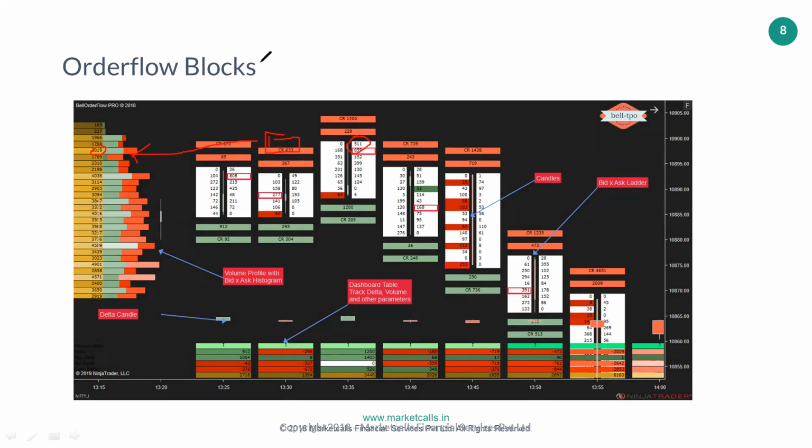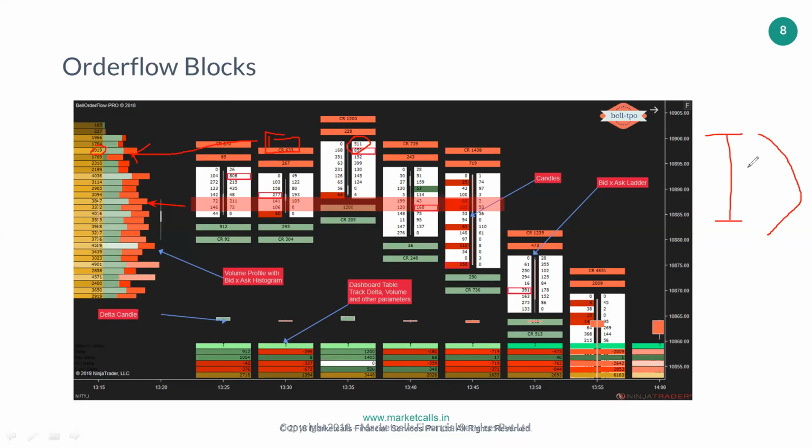At the same time, if I sum up everything in this particular block, that will be represented as a total volume of around 3,847. If you look at most days' volume, say this is a particular day's high and low, the volume will bulge mostly at the center, and at the edges you'll have less and less volume.